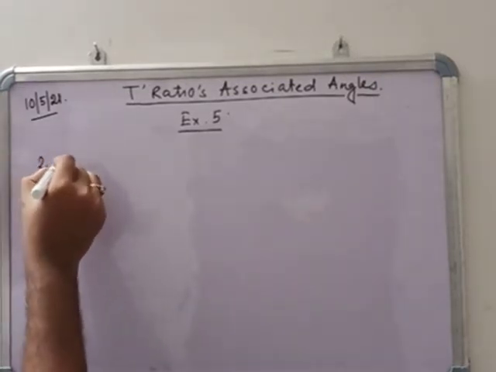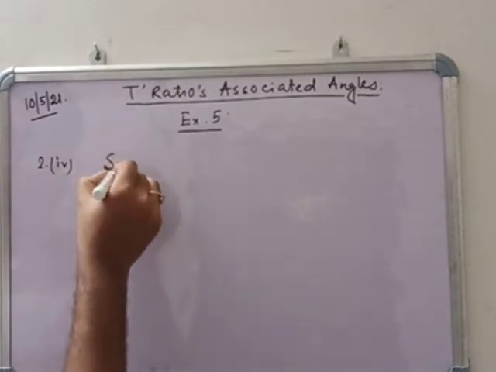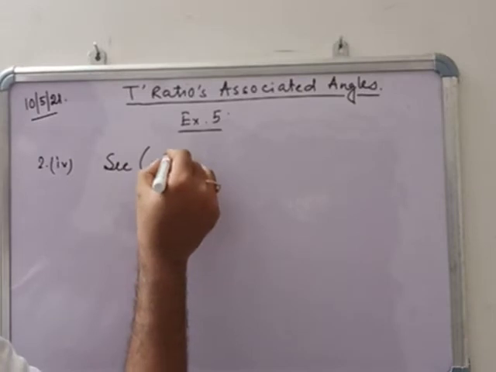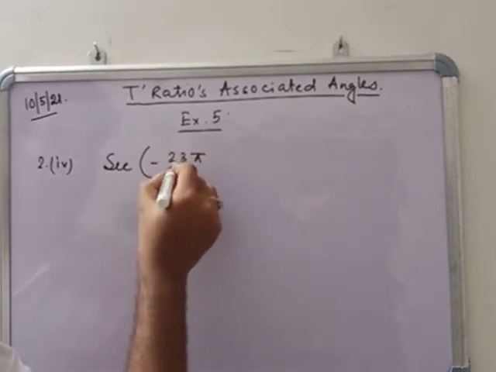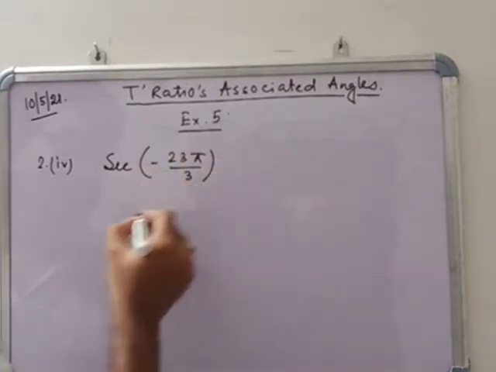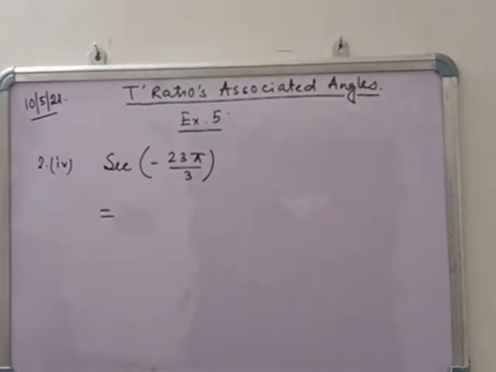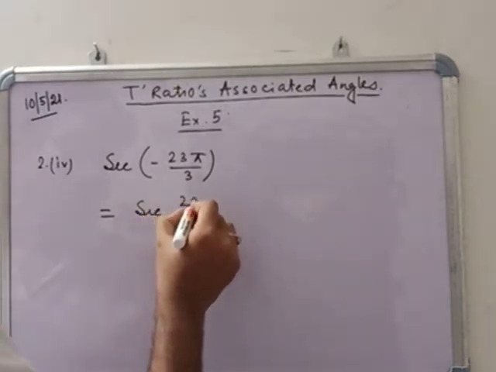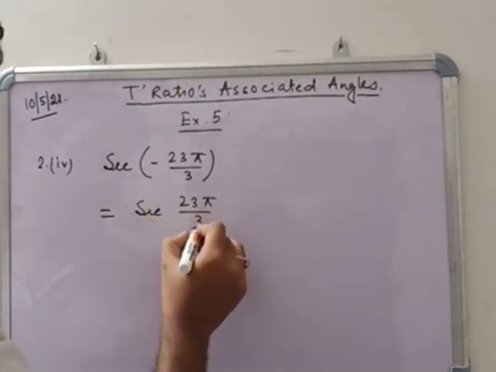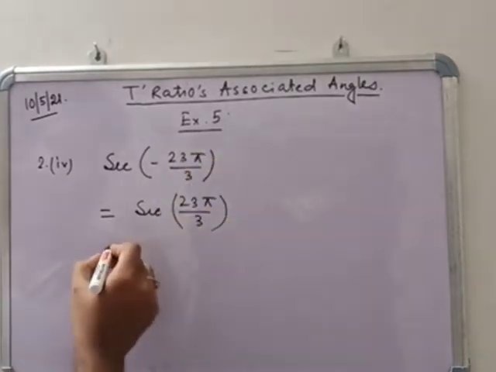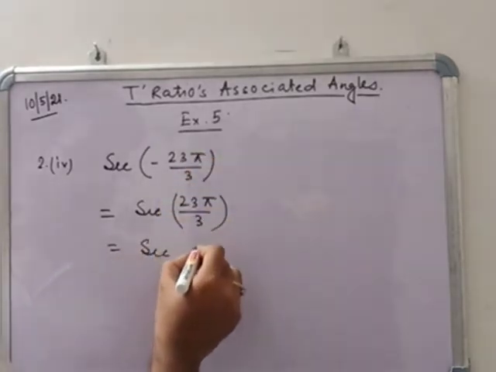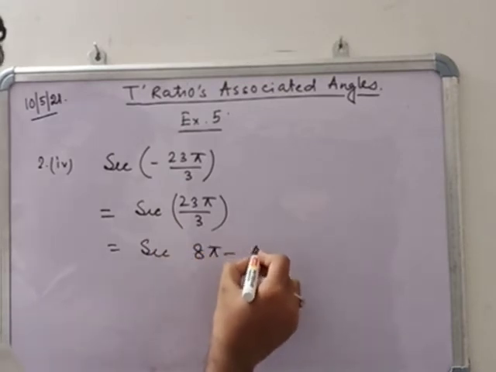Now in the next problem, sec of minus 23 pi by 3. Since sec of minus theta equals sec theta, this can be written as sec of 23 pi by 3. Now we can express this as 8 pi minus pi by 3.